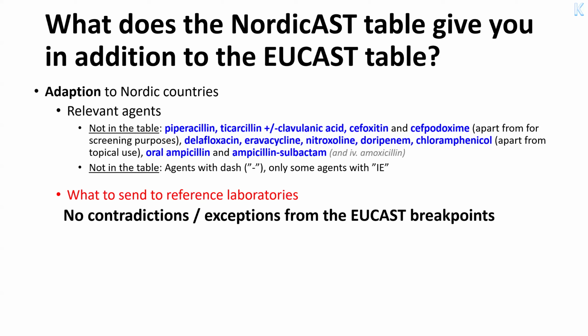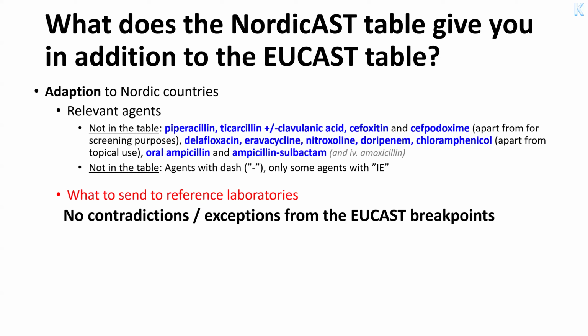So even if there are breakpoints, we do not include in the table agents that are not used or available in the Nordic countries. So they're here marked in blue. I put IV amoxicillin in parentheses because I don't think any of the Nordic countries actually use it, but we still have it for many of our sheets. So we'll see if we also will take that away.